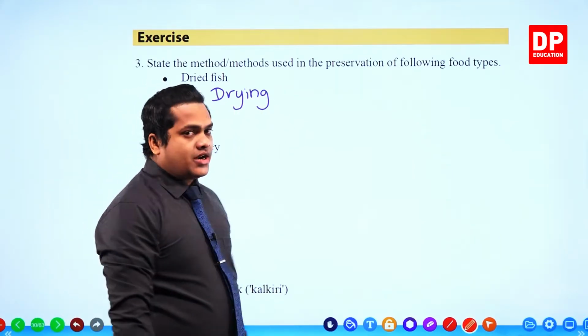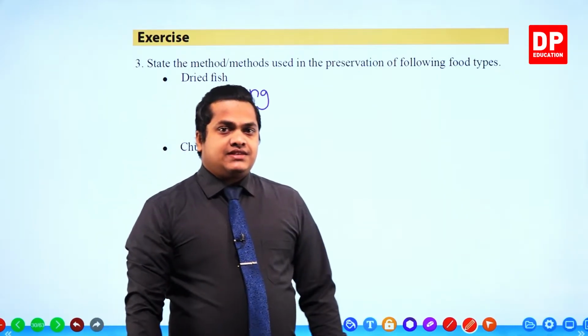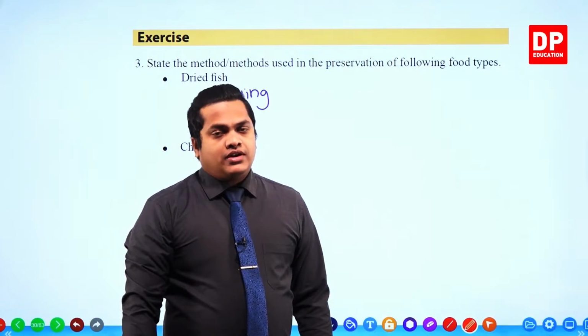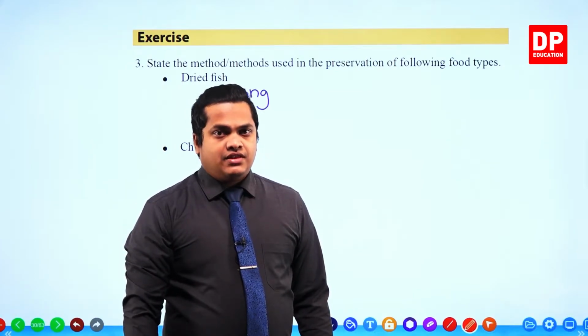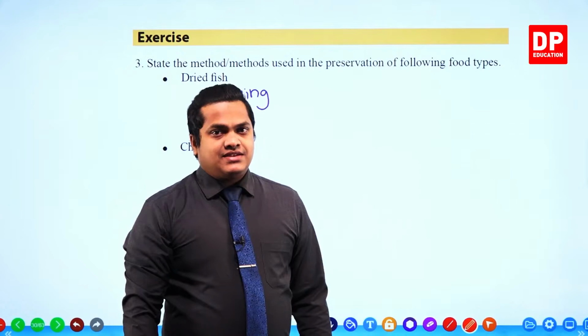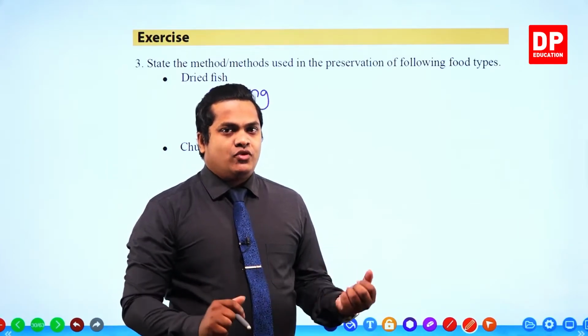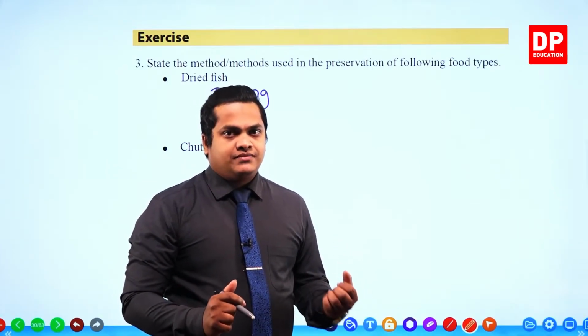Chutney. In chutney, we increase the concentration and we decrease the water level within the food item. That's how the chutney or the pickled food items are being prepared mostly. Right?